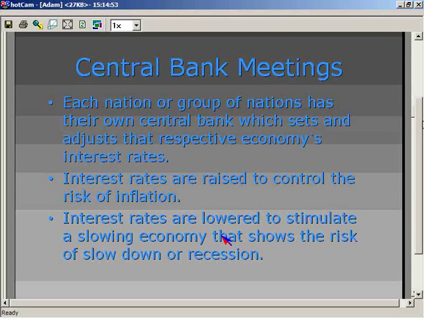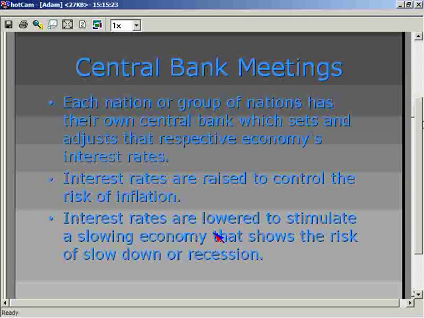Now, I'm going to leave this slide up for a second, and I will ask you, the viewers, a very, very important question. We know that interest rates are raised to control inflation. We know interest rates are lowered to stimulate a slowing economy. What would you do if you were in the role of Ben Bernanke or Axel Weber at the ECB, or Jean-Claude Trichet, he's actually the president of the ECB, or the head of the Bank of England, or the head of the Reserve Bank of Australia?